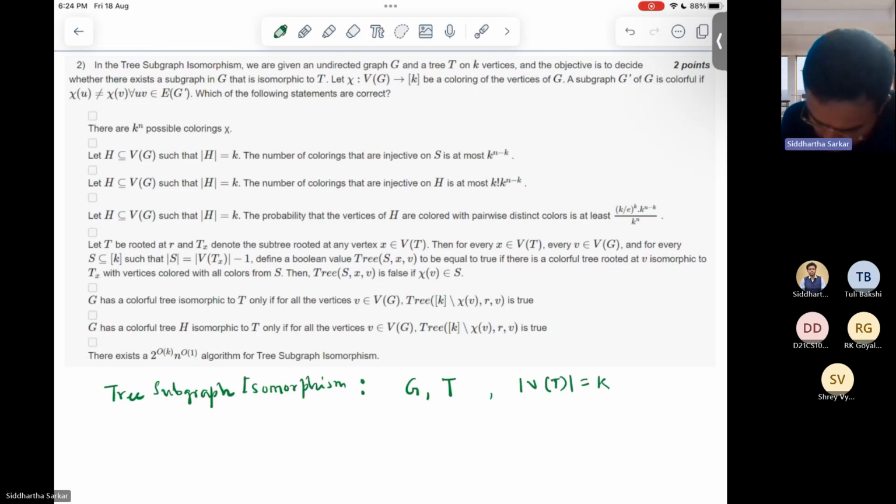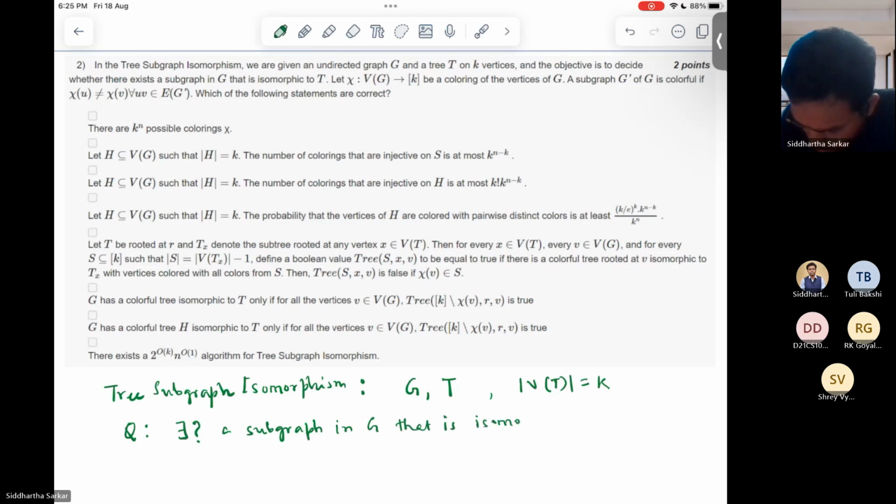And the question this problem is asking is, does there exist, this is the symbol for does there exist, a subgraph in G which is isomorphic to T?